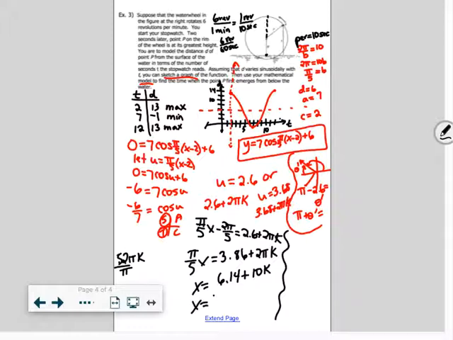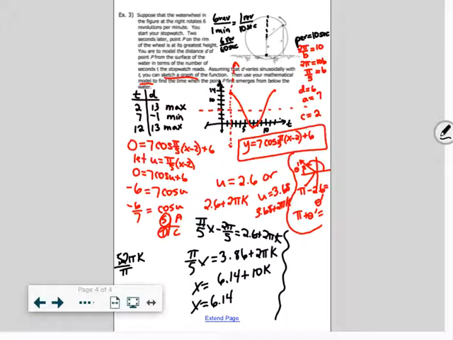So, of course, if I let k be 0, that's 6.14 seconds. And one cycle is from 2 to 12. So if I add 10, I'm beyond that. And do you notice that's the one going in under the water?